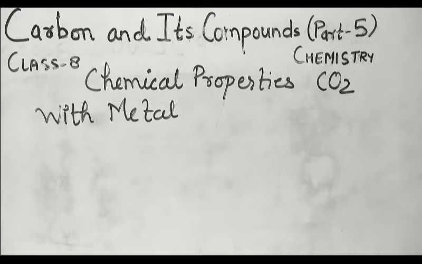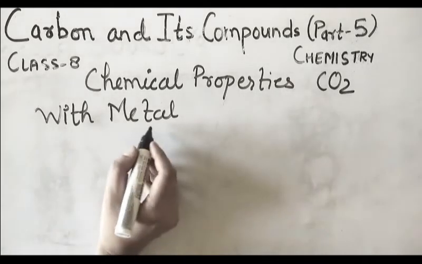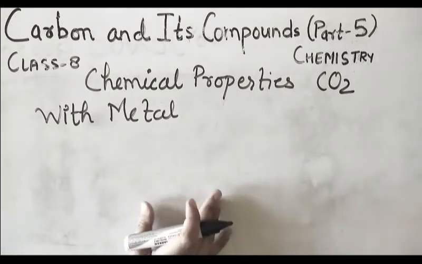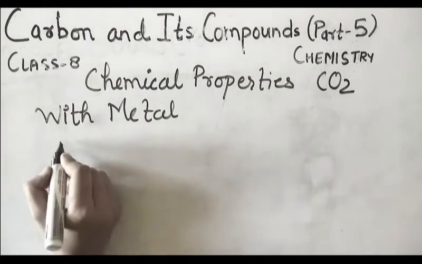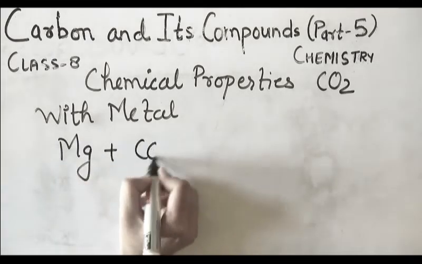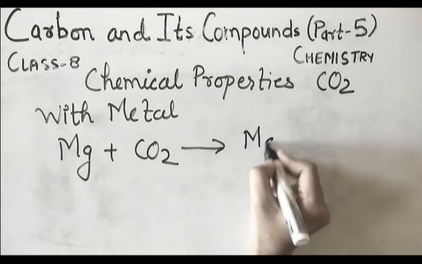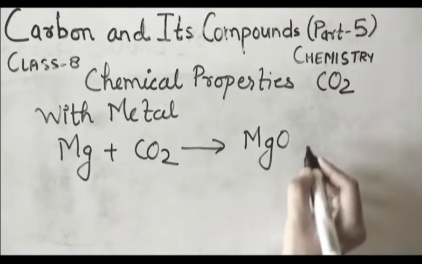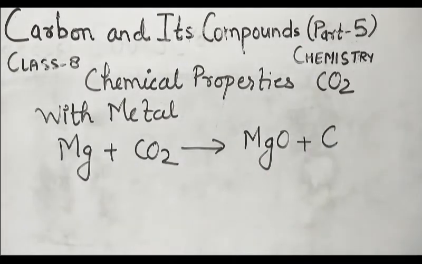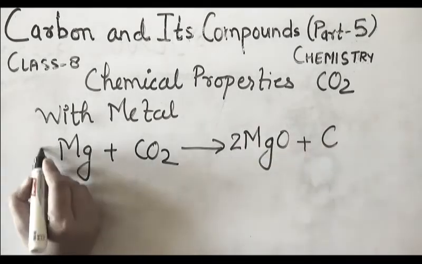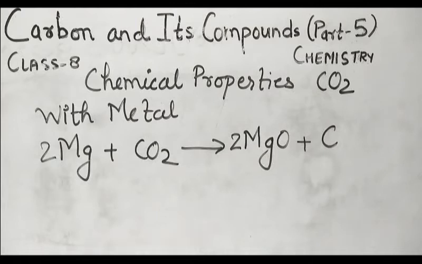Though carbon dioxide is non-supportive for combustion, in the presence of metal it gives black specks of carbon, small pieces of carbon. It will react with any metals like potassium, sodium. So let me take magnesium plus carbon dioxide. When it reacts, it will form the oxide of magnesium, that means magnesium oxide, which is MgO, and it is also going to form the black specks of the carbon. Okay, so this will be the reaction with the metals.